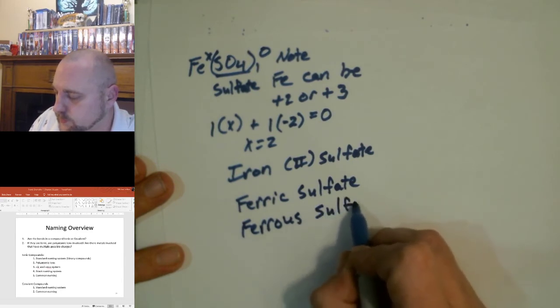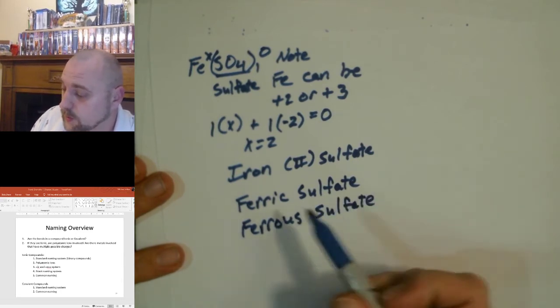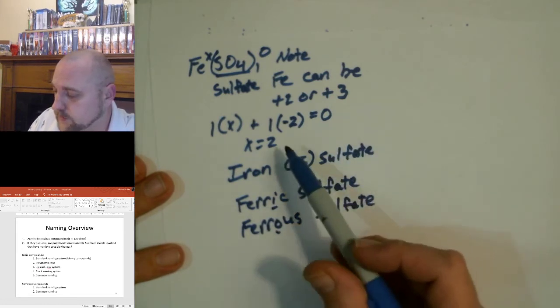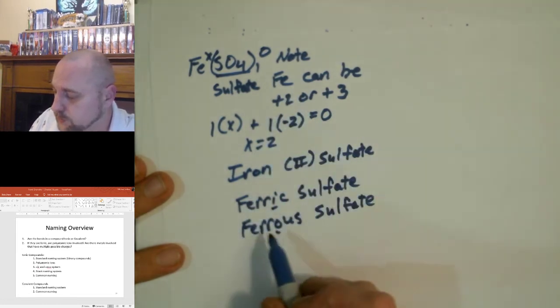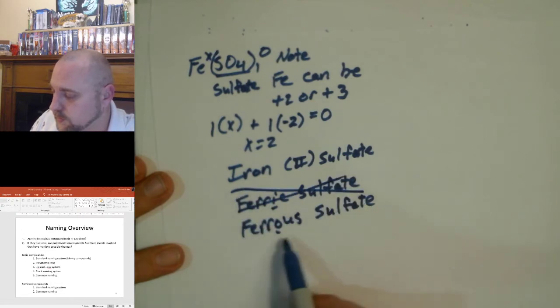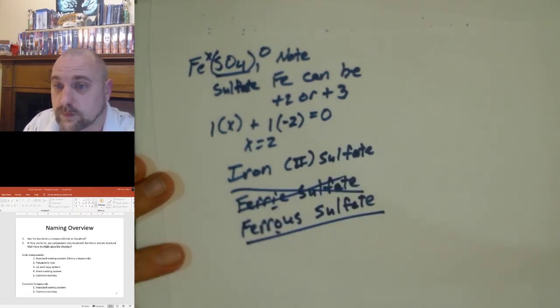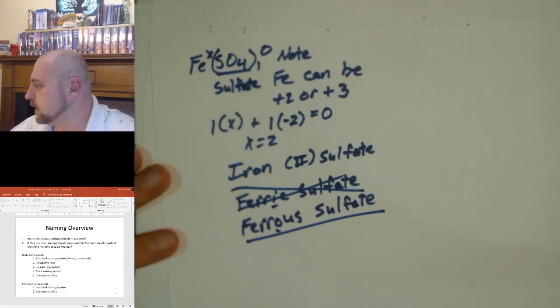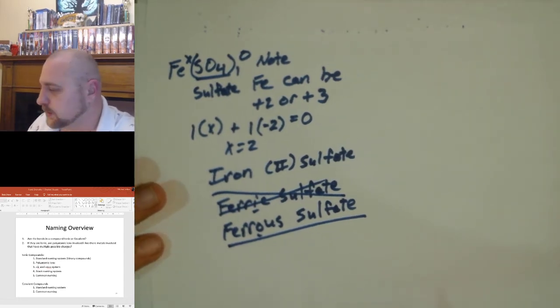Remember, I'm not going to test you on the Latin, but the I for higher, O for lower, and so ours is a +2. That's the lower, and so we know it's ferrous sulfate. Okay, so that one's not too bad, but it is commonly missed.